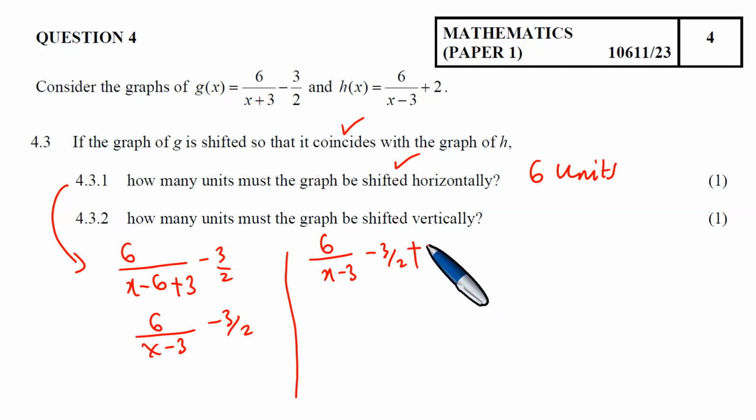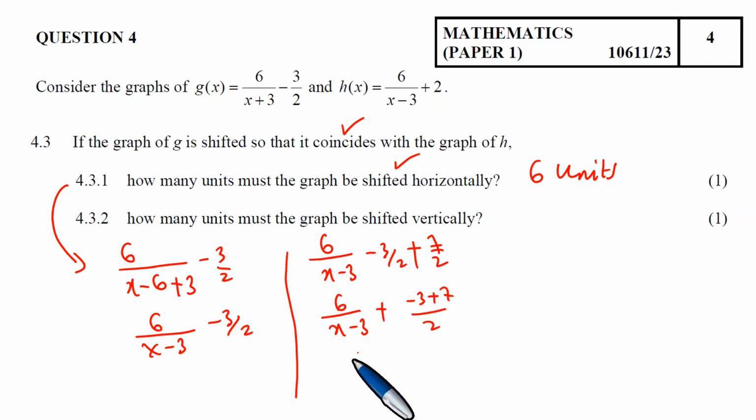If you add, for example, a number like 7 over 2, what do we get? Let's check. 7 over 2 is like 3.5.